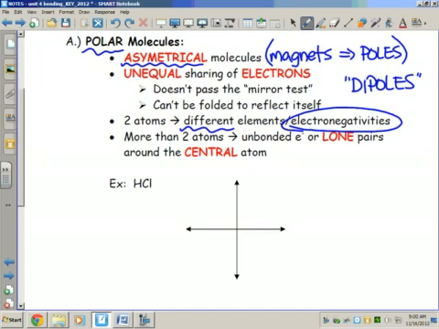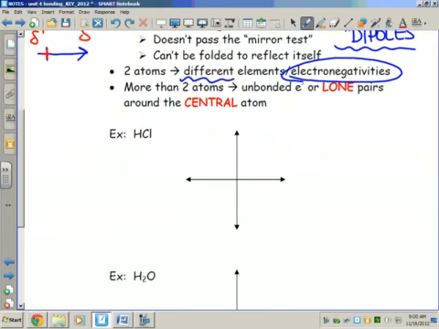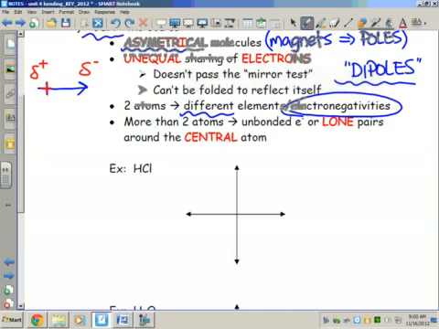That means the electrons are going to spend more time with the more electronegative element, and less time with the less electronegative element, and what we end up with is a dipole. This is how we illustrate a dipole with this arrow. We're going to generate a partial positive end and a partial negative end. The more electronegative element will be the more negative end of the bond. The less electronegative element will be the more positive end of the bond.